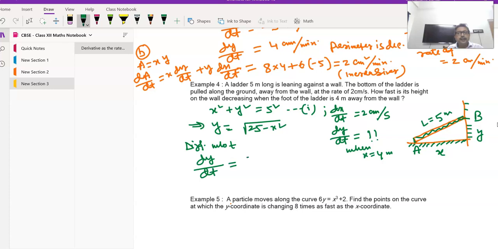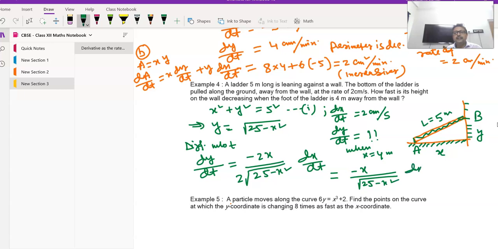Dy by dt is going to be minus 2x, this derivative all of you are familiar with, into dx by dt, and 1/2, sorry, not half, 2 will be there. So 2 into this, the answer is minus x by root over 25 minus x square. So you just put those values, dy by dt will come out.